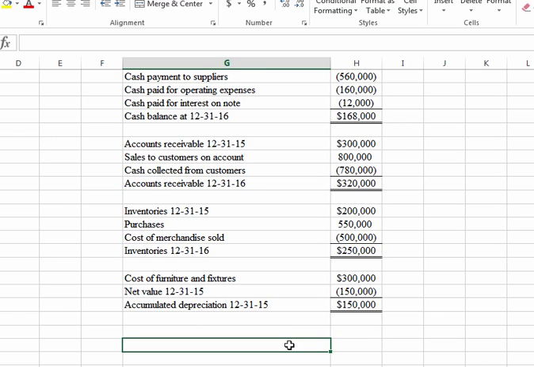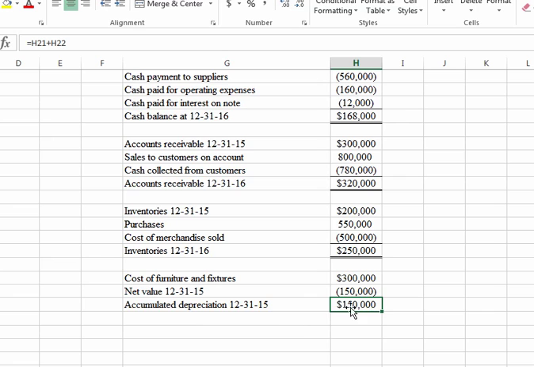Okay, so our accumulated depreciation at the end of last year was $150,000. Depreciation for this year is $20,000. So accumulated depreciation at the end of 2016 will be $170,000.